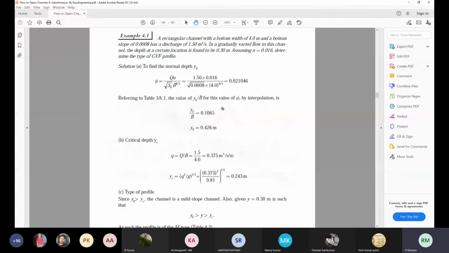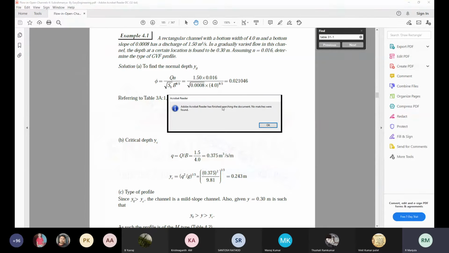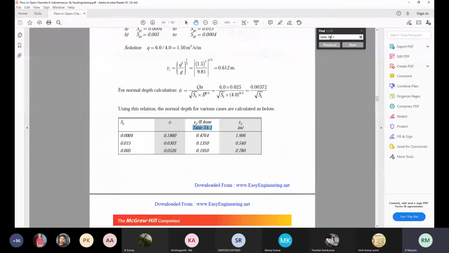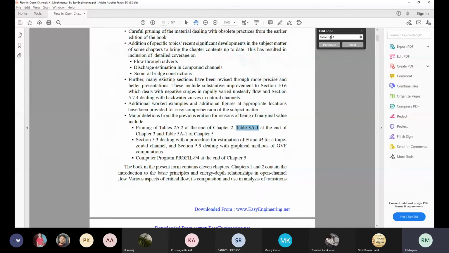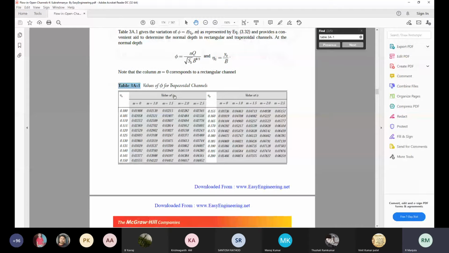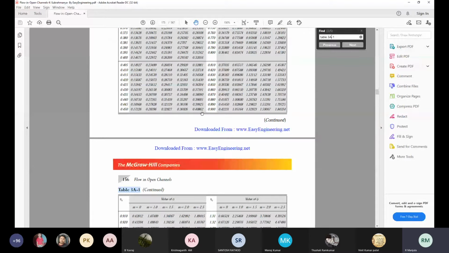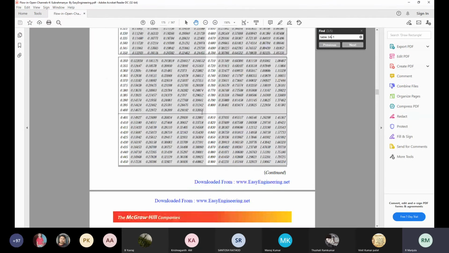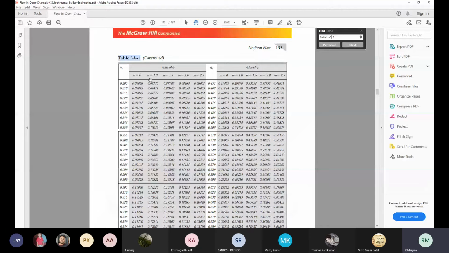Now, we will go to the table. Here you can see the table which shows the values of phi for a trapezoidal channel as well as for a rectangular channel, with various values of m, from 1.5 to 2.5.